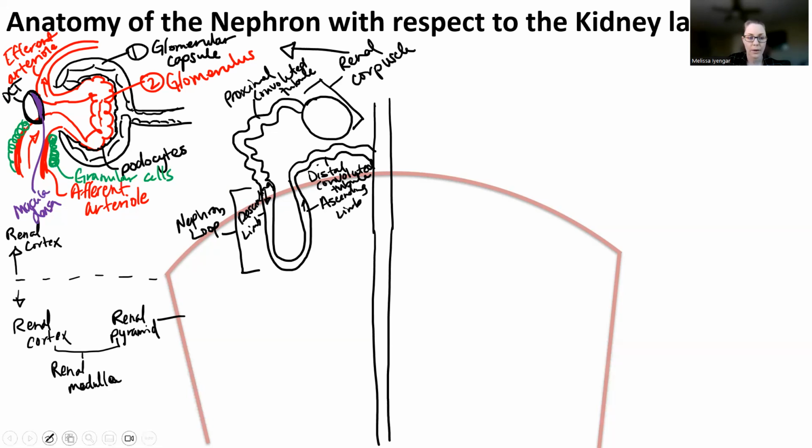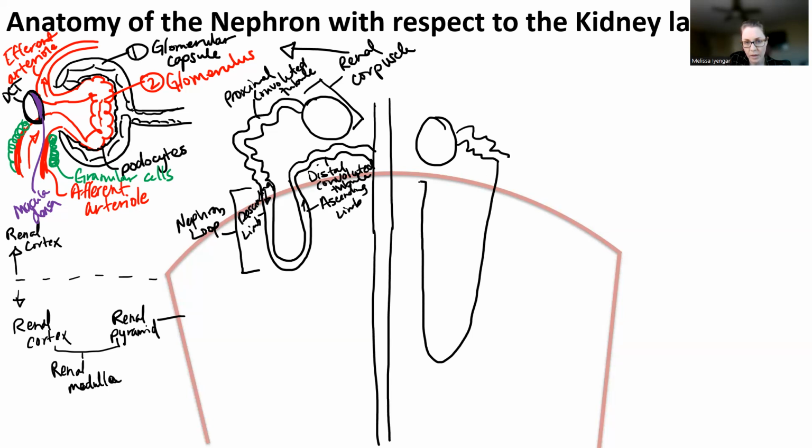So that's our cortical nephron, right? You should see how the cortical nephron is primarily found in the cortex. Then we're going to have a juxtamedullary nephron on the other side. So on the other side, I'm going to draw another ball here. I'm going to have my proximal convoluted tubule. Then my nephron loop has to come really far down, and I'm a little bit too close to the space right there.